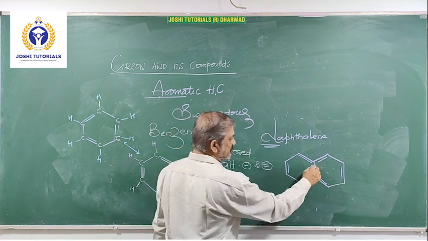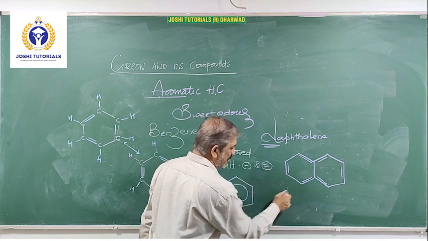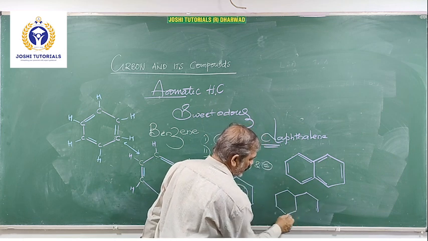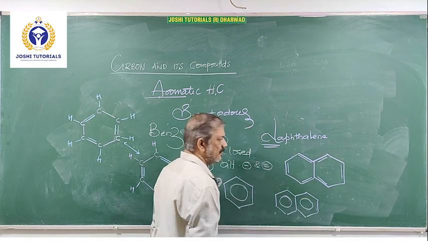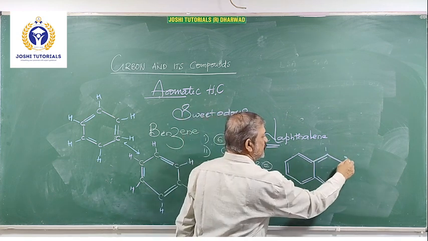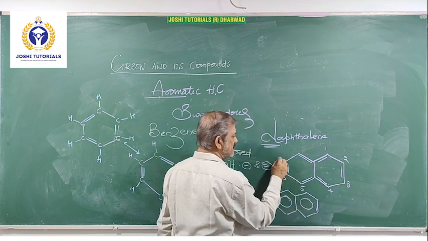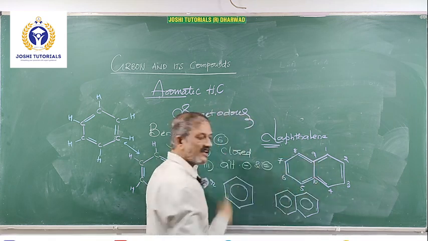Or sometimes they write double here, then you go for adjustment. Or sometimes they may write like this, just two rings. Number start from 1, 2, 3, 4, 5, 6, 7, 8, 9, 10. Procedure is like that.